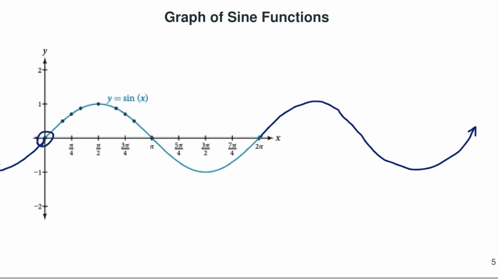For example, the angle 0 is coterminal to angle 2 pi, right? That's why these two have the same values. Similarly, pi over 2 is coterminal to pi over 2 plus 2 pi. Oh, actually, I did the addition wrong, I'm sorry.